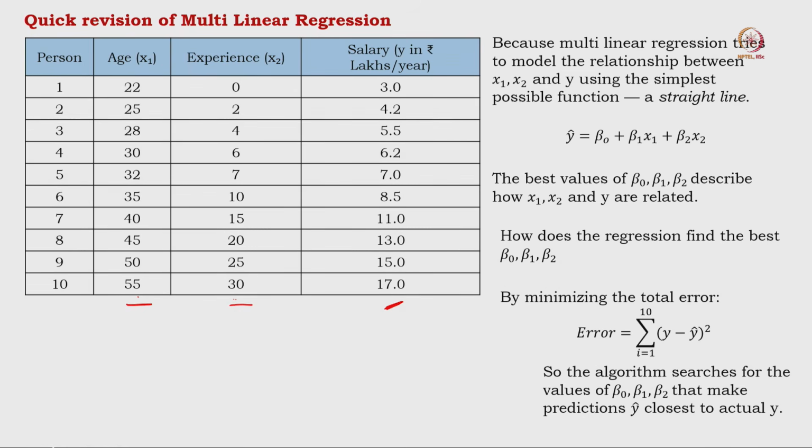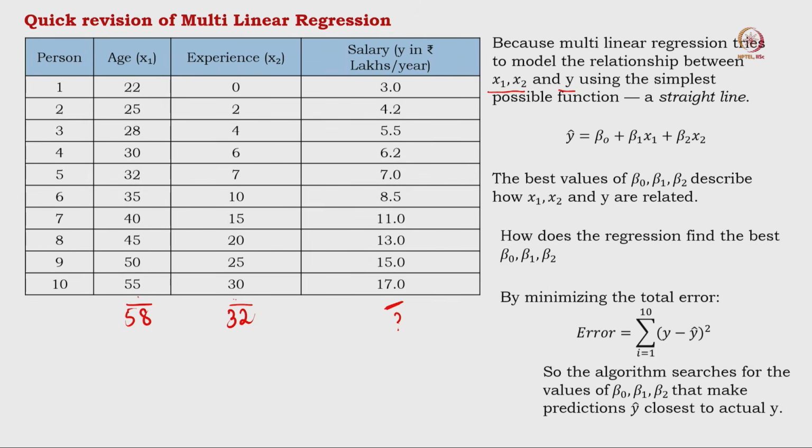In order to do this, if you get some value 58 and the person's experience is 32, then we want to calculate the salary. First, you need to understand the relationship between x1, x2 and y. If you understand this relation, then you can easily predict on test samples.